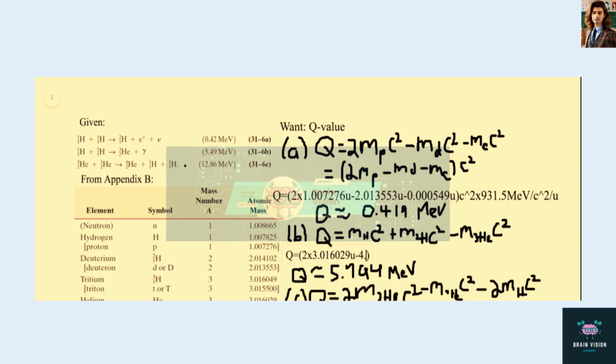Minus 4.002603 U minus 2 times 1.007825 U. Again, multiply everything by c squared and by our conversion factor.